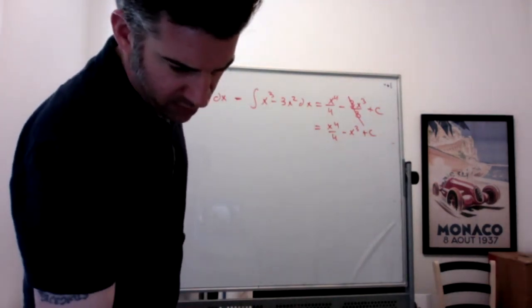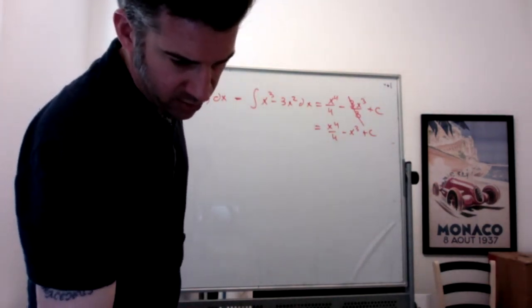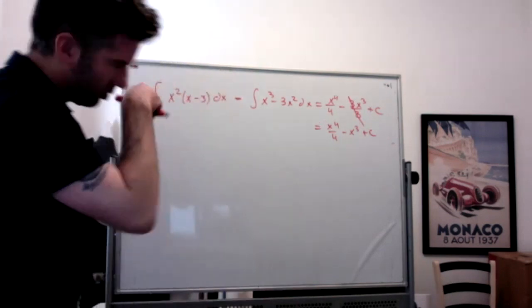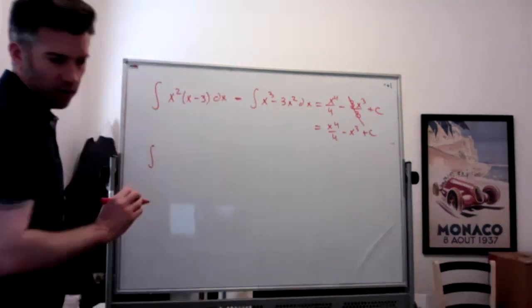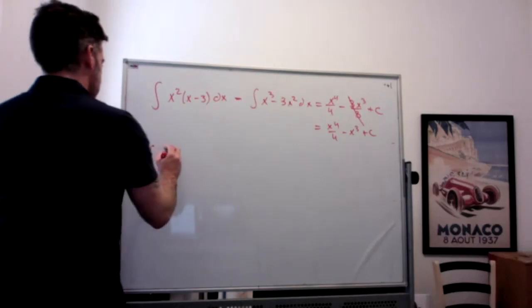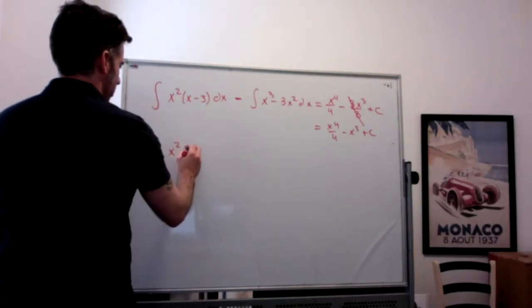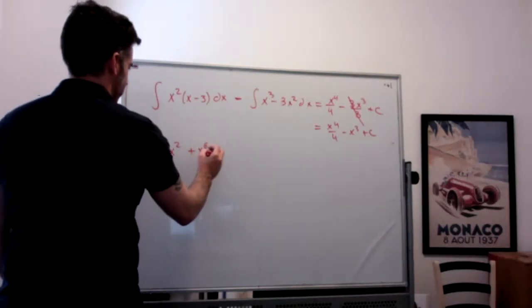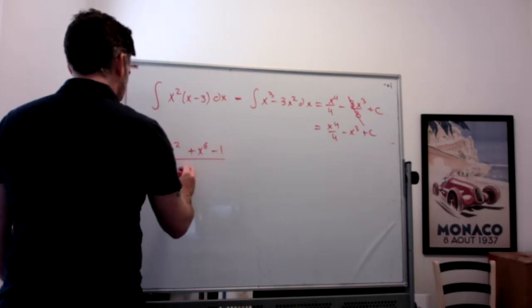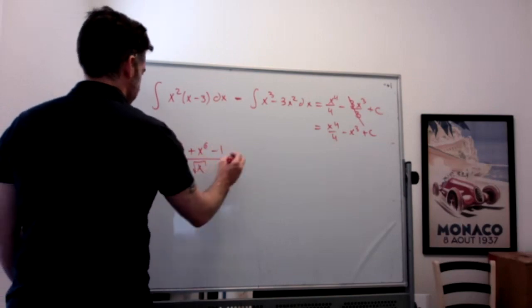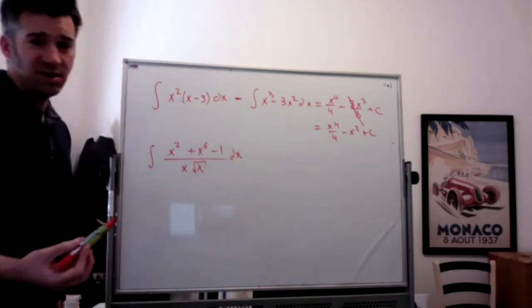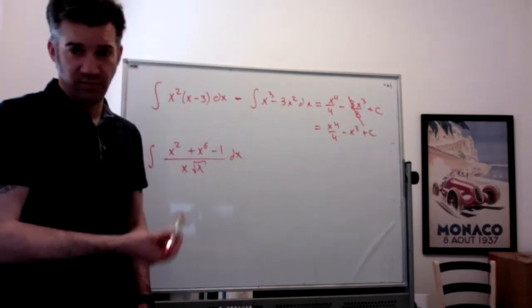See what else. I feel like I've hit most of the things people were asking about. Let's look at maybe 1 or 2 more. Let's say we have the integral of x squared plus x to the 6th minus 1 over x times the square root of x. This is still the same stuff we've been dealing with today.